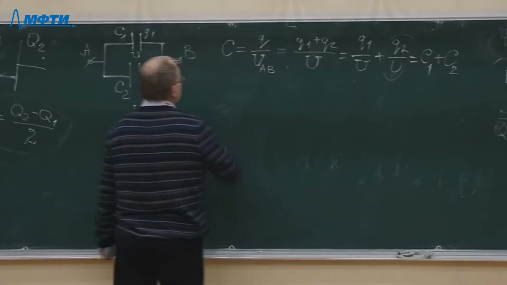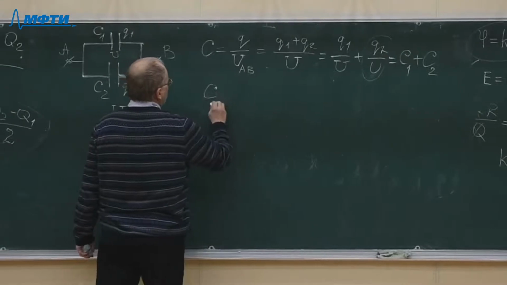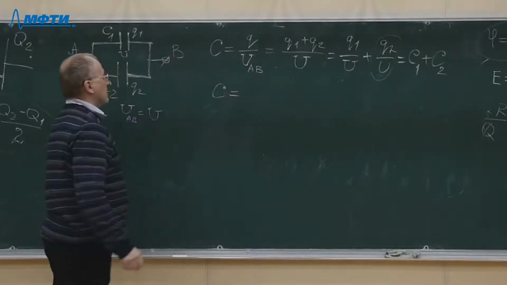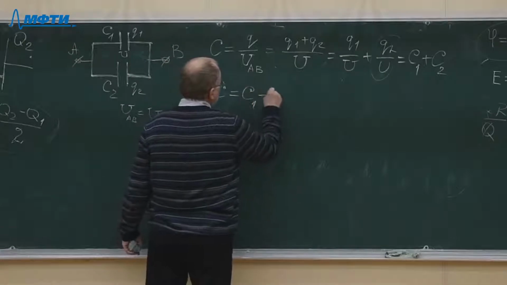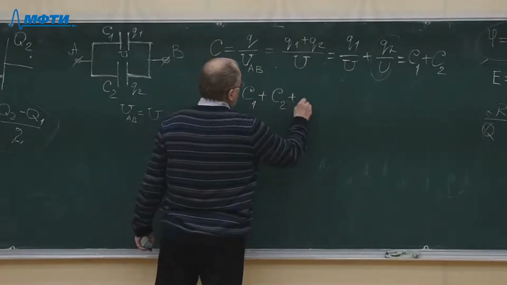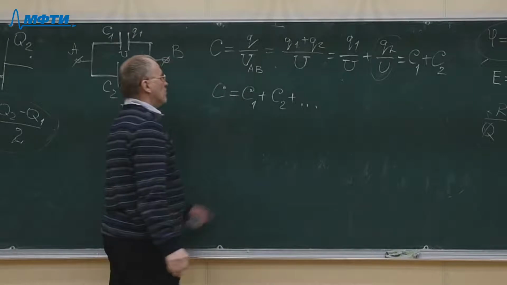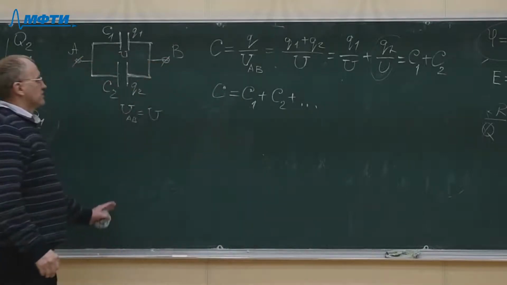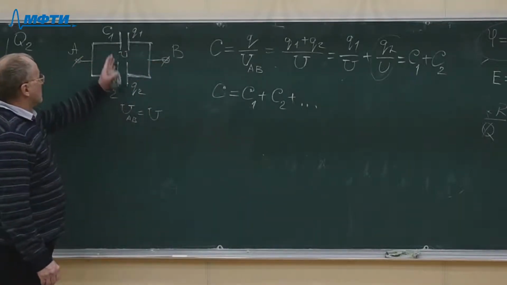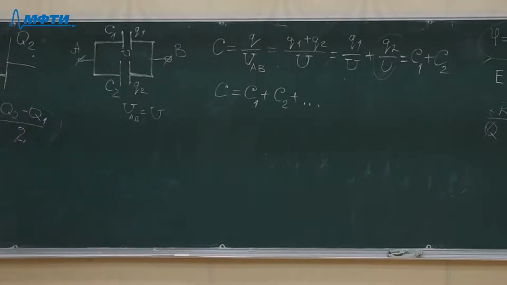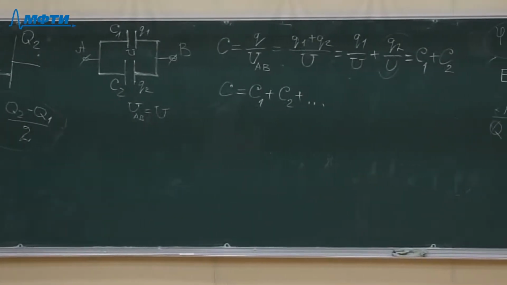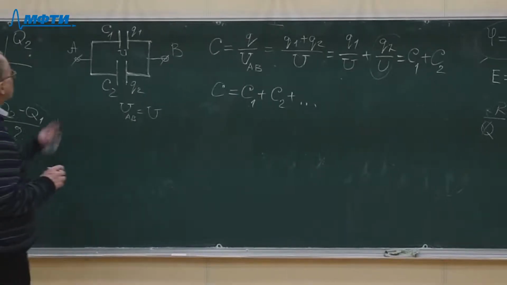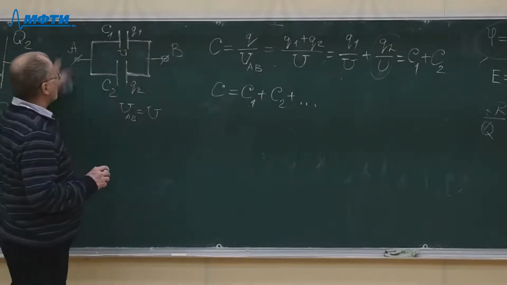So if we have some number of capacitors connected in parallel, the total capacitance of the battery will be given just by the sum of these capacitances. There may be more than 2, maybe 3 or 4, any number of capacitors connected in parallel. You have to find just the sum of all the capacitances in order to determine the total capacitance of the battery.